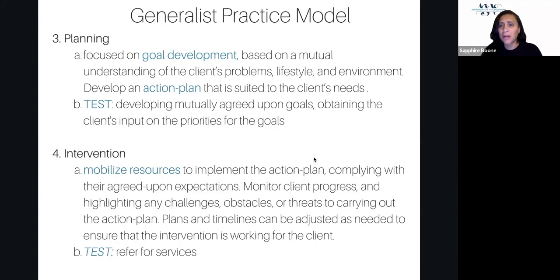So when we talked about safety, I said this, but now that we are talking about the practice model, safety disrupts the entire thing, right? We're going to stop the whole process and focus just on that safety issue. But if there's no safety issues, we're going to allow the client to kind of guide us.